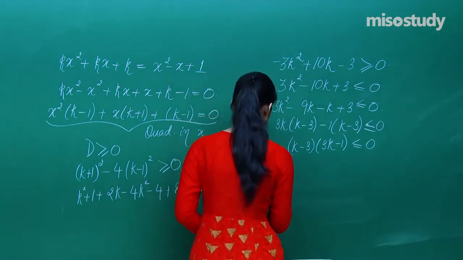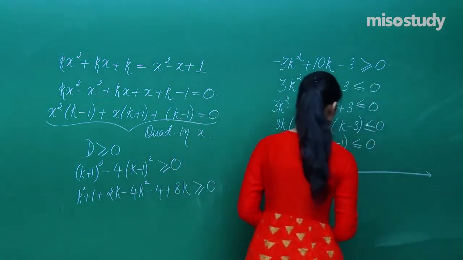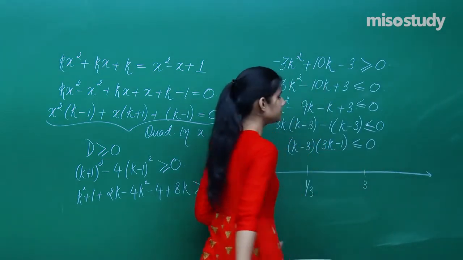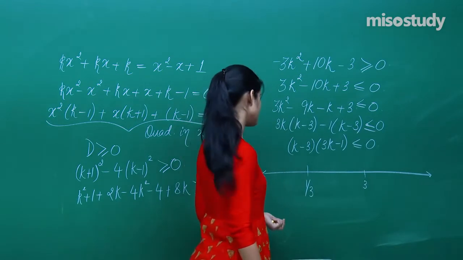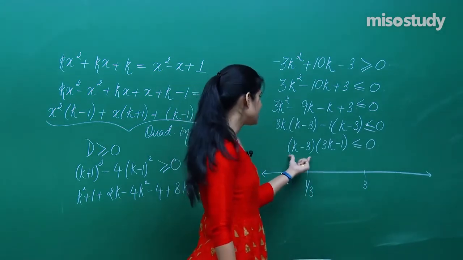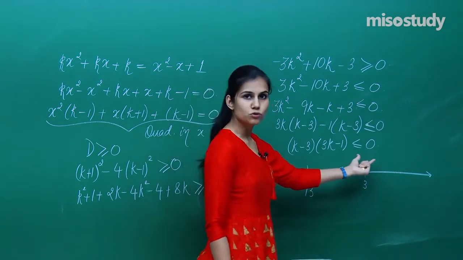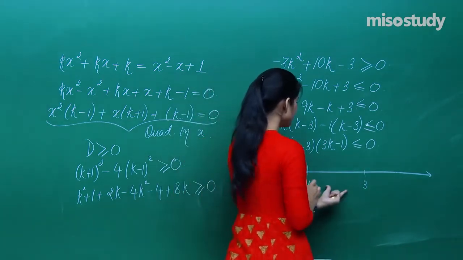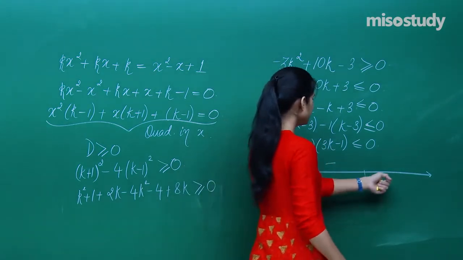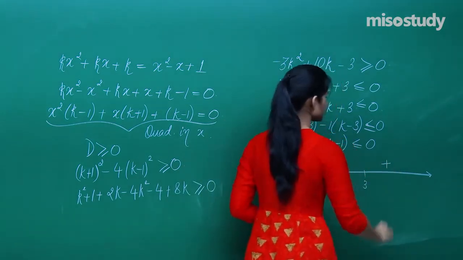And if I talk about, this is k equals 1 by 3 and this is k equals 3. What do you get in here is, when you take values less than 1 by 3, this is negative, so the product comes out to be positive. Here, this is positive, this is negative, so the product is negative. Here, both are positive, so the product is positive.